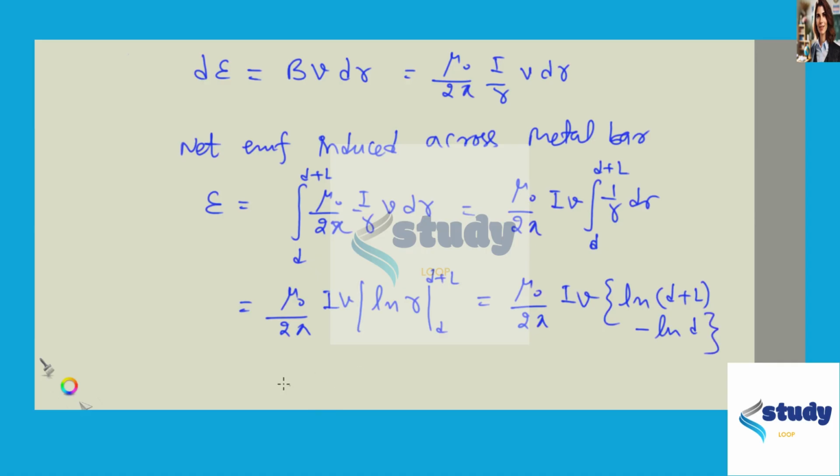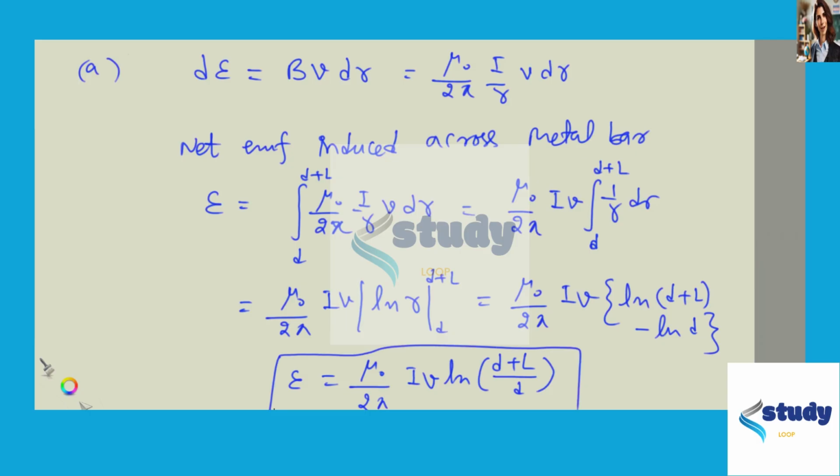So finally, this EMF induced here comes out to be mu naught by 2 pi I v natural logarithm of, using the rules for logarithm, d plus L divided by d. And this is the answer for the first part of the problem.